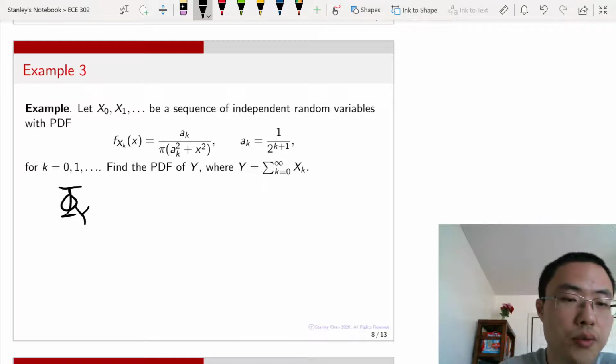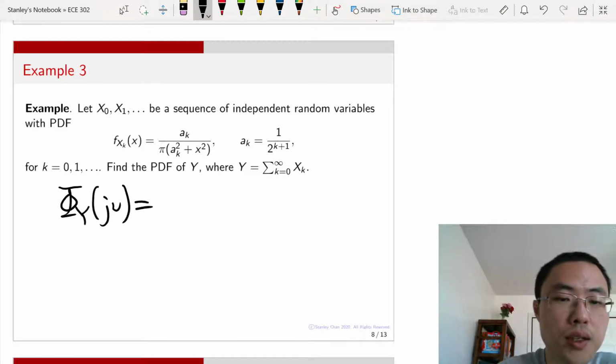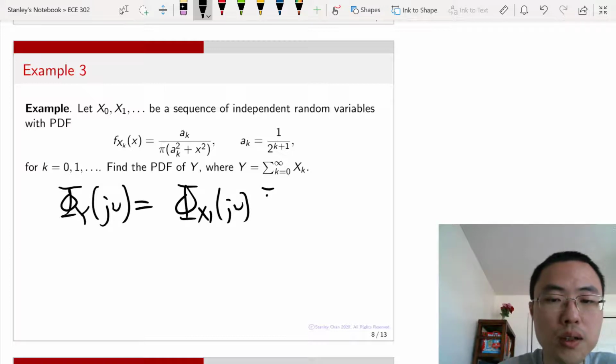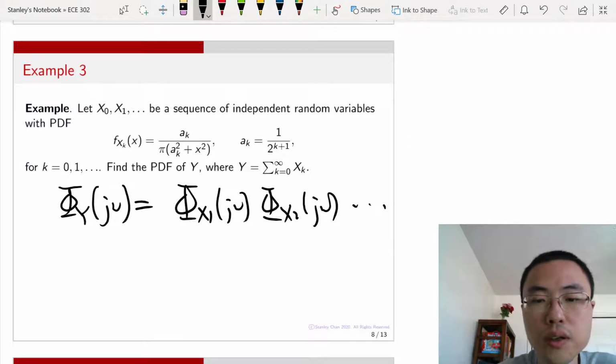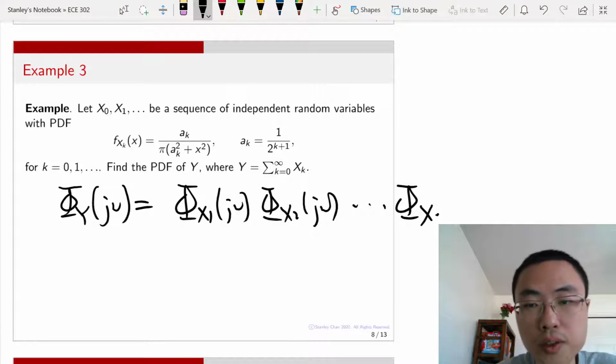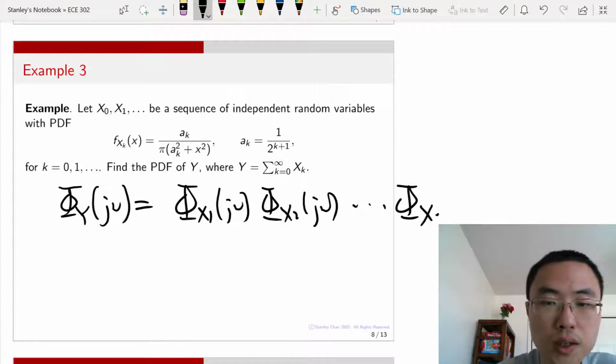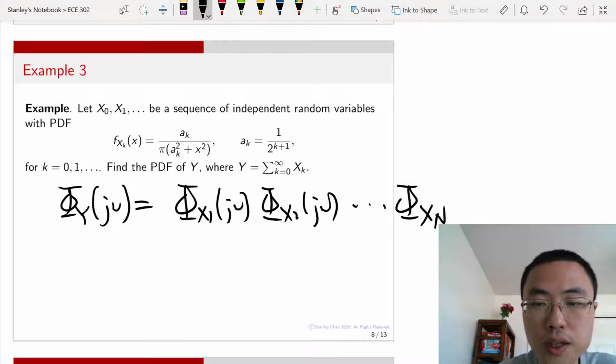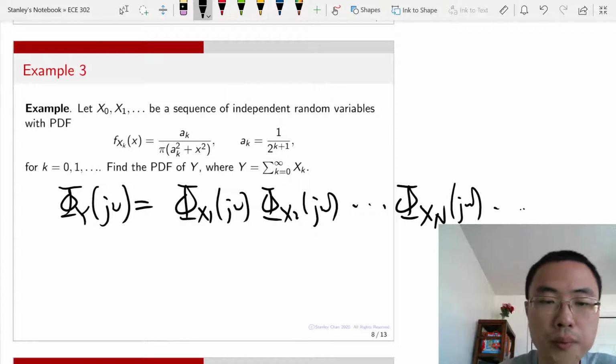We know that the characteristic function of y is the characteristic function of x1 times the characteristic function of x2 times dot dot dot times the characteristic function of, you have infinitely many of those, and so you have xn, j omega, and you keep continuing.